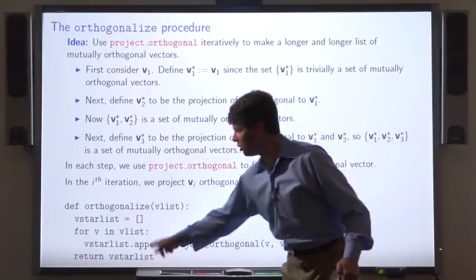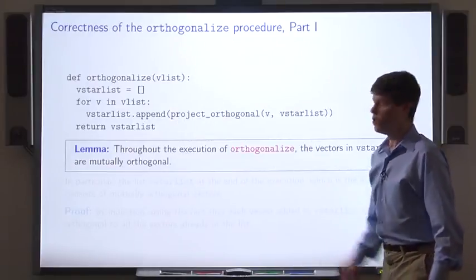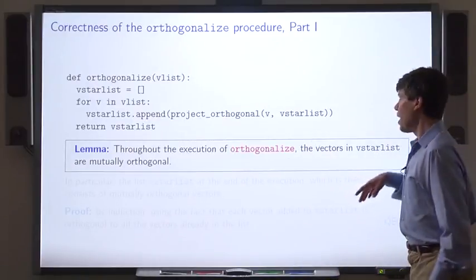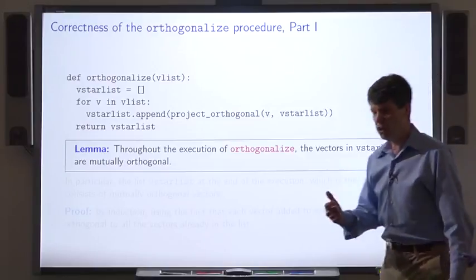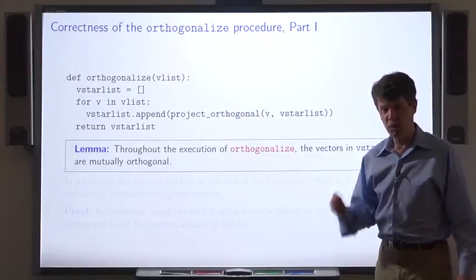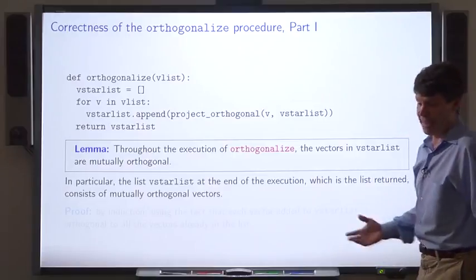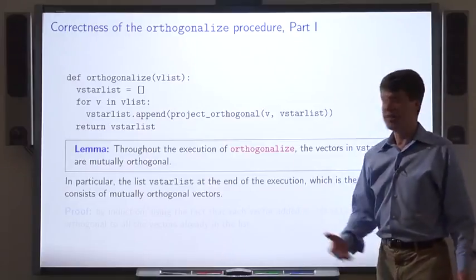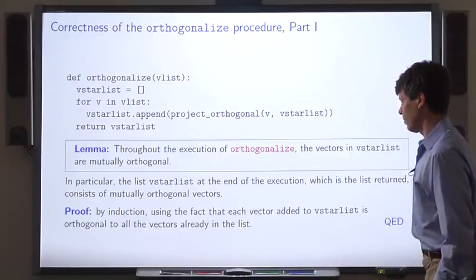At the end, the procedure returns the value of vstar-list. So it's pretty easy to see that at each stage in the algorithm, the value of vstar-list is a list of mutually orthogonal vectors. In particular, at the end, the value returned consists of mutually orthogonal vectors.